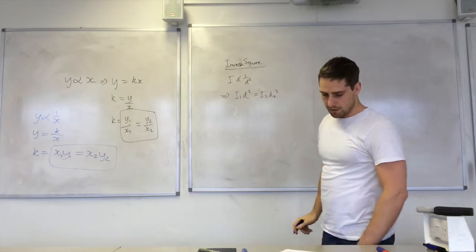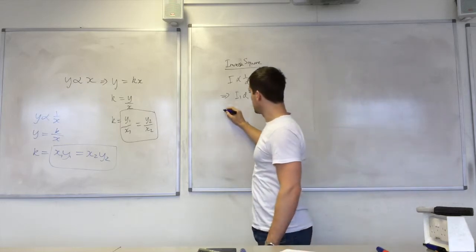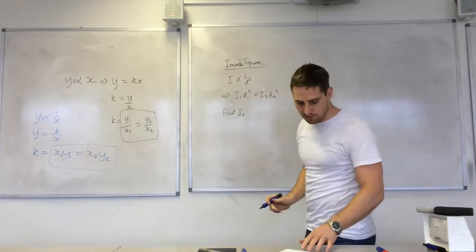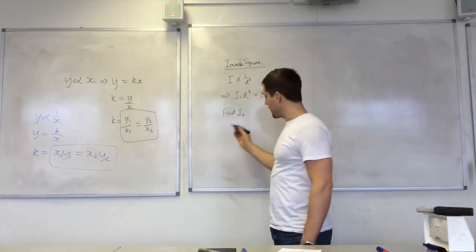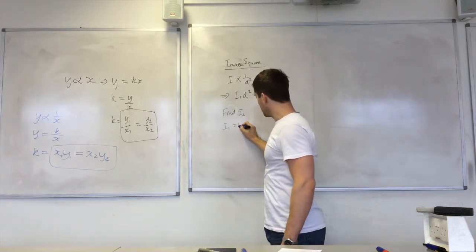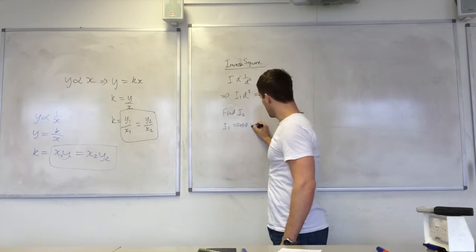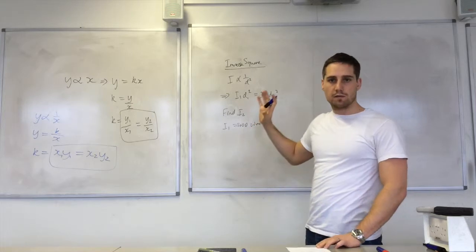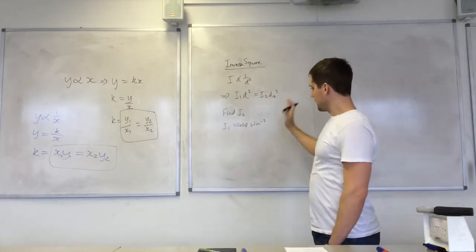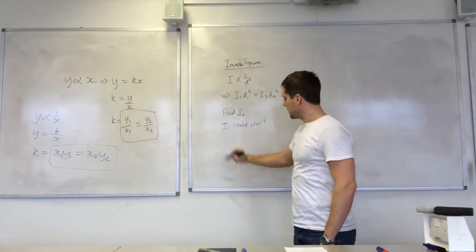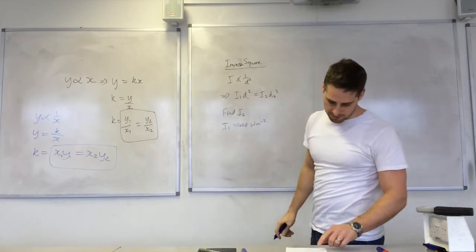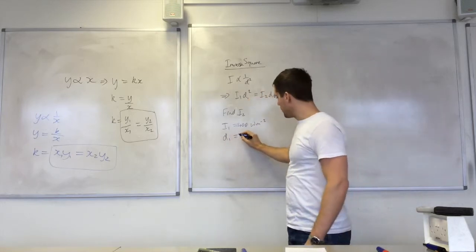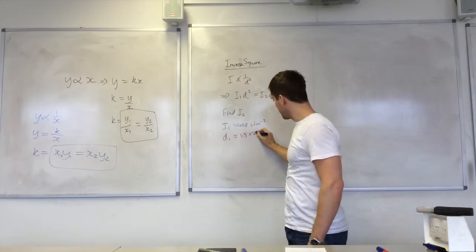Right, in the question I need to find I2, so I need to find what happens to the intensity if I1 is 1400 watts per square metre. That's the intensity of sunlight out of the Earth's atmosphere, quite high up in the Earth's atmosphere. The distance is 1.5 times 10 to the 11.